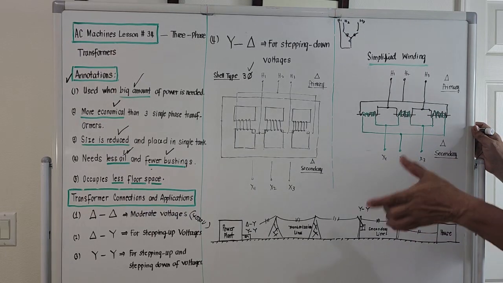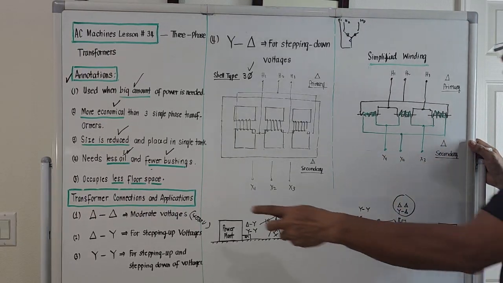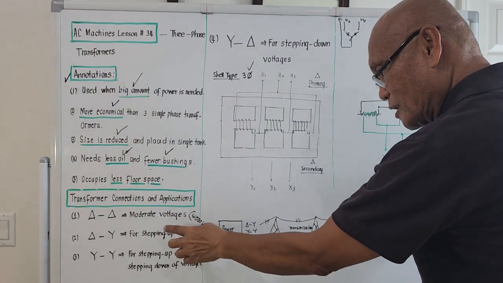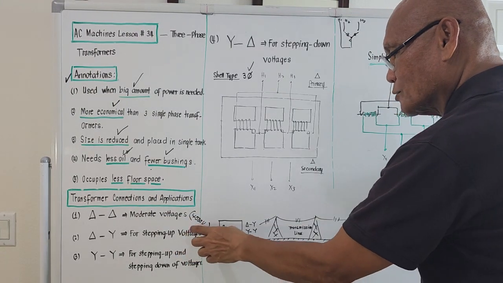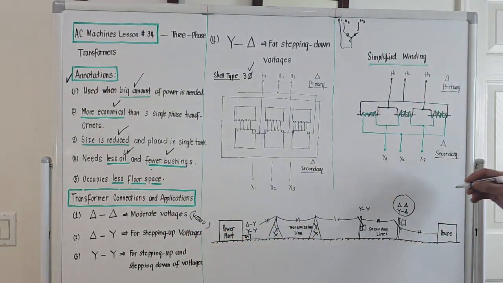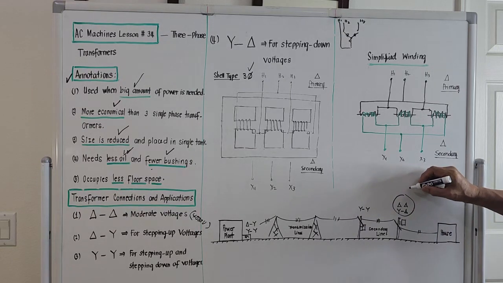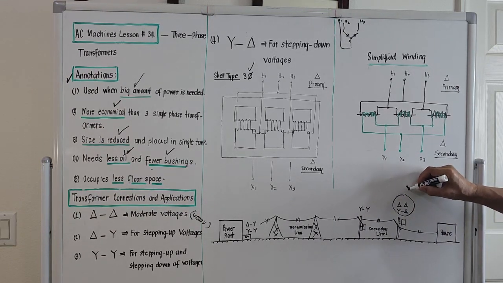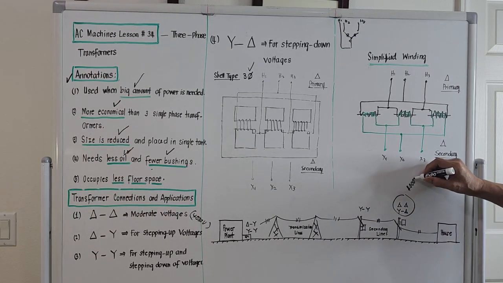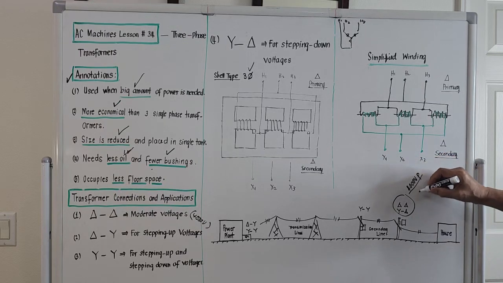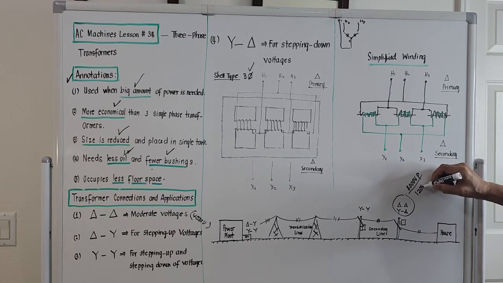Because delta-delta is just for moderate voltages, around 4,000 volts. We could have here a transformer rated 4,000 volts primary, and the secondary is 120 volts.